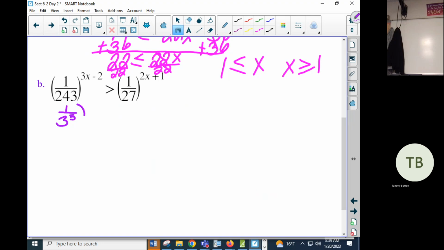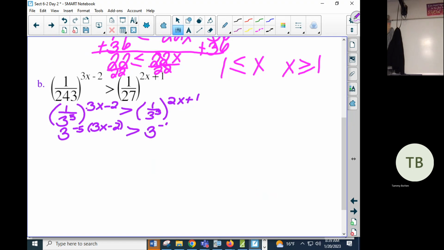And that is the 3x minus 2. And then 1/27 would be 1/3 cubed, and that's to the 2x plus 1. Okay, so this is 3 to the -5th, and you have to multiply that by 3x minus 2. This is 3 to the -3rd, and you have to multiply that by 2x plus 1.